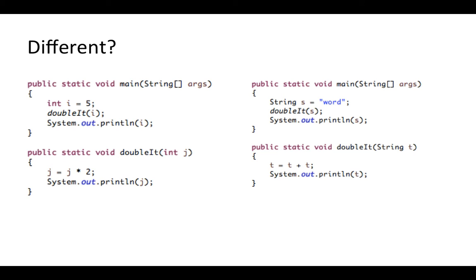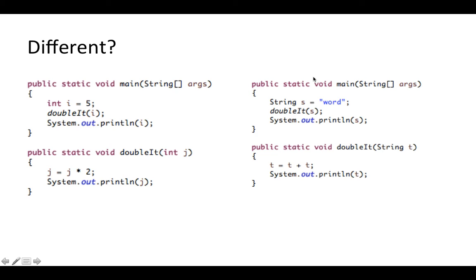So here are examples of different ways that a method could take a parameter and mess with it. And we want to talk about whether that change persists outside the method or whether we were just manipulating a copy. So here we have 2 different programs. These methods are a part of one program, and these methods are a part of one program.